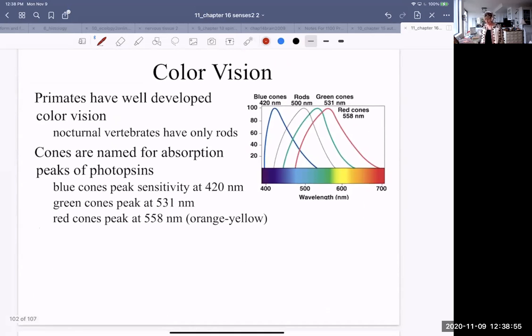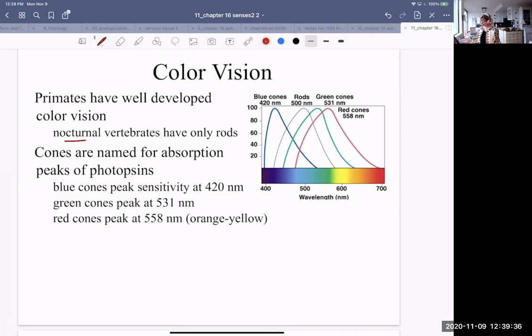Primates, that's us, have very well-developed color vision. Nocturnal vertebrates, like raccoons around here, have a lot of rods. In Australia, they're all nocturnal. The numbats are nocturnal. There's also, in the Galapagos Islands, a seabird. I can't remember the name of it right now, but it's the only known nocturnal bird in the Galapagos, and it has loads of rods.